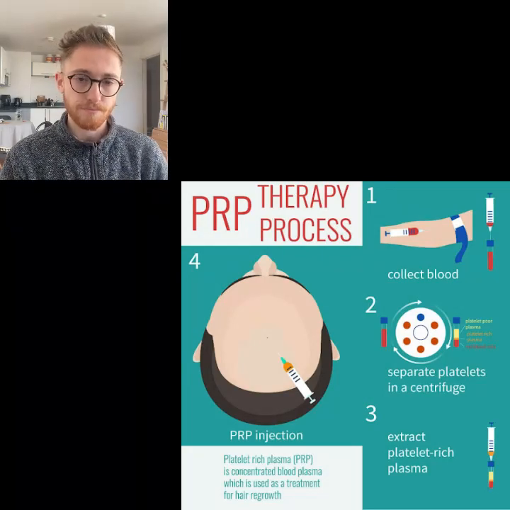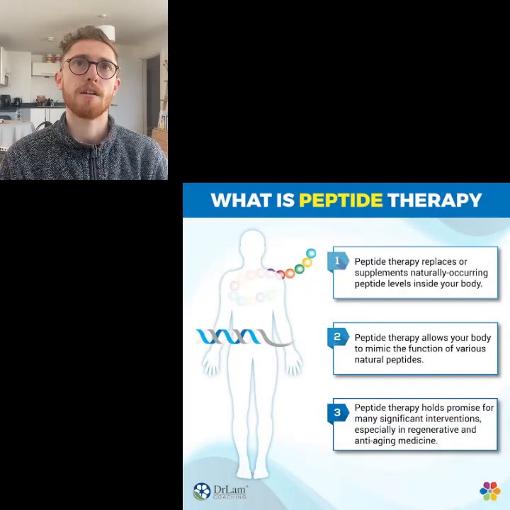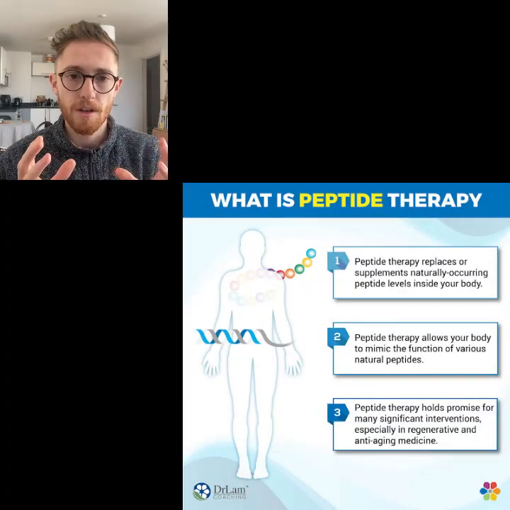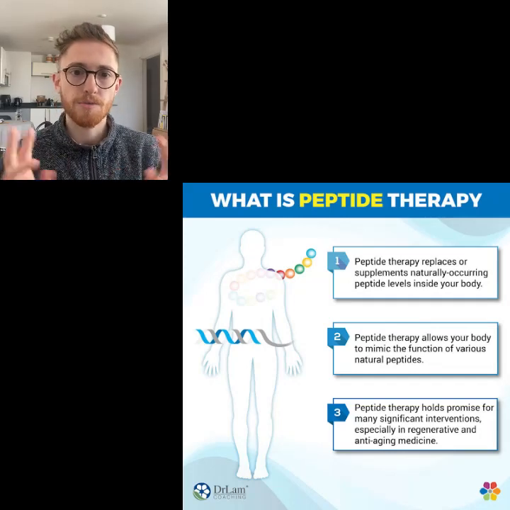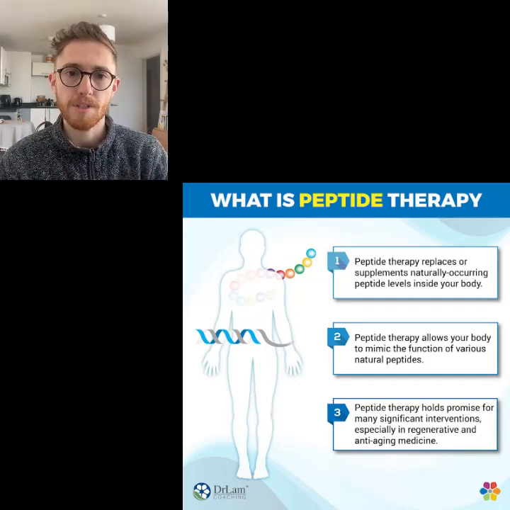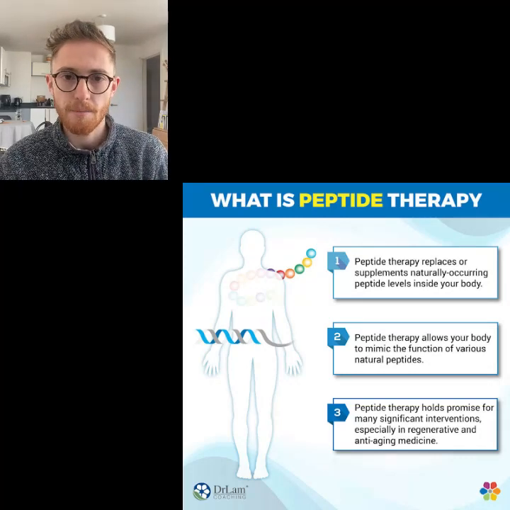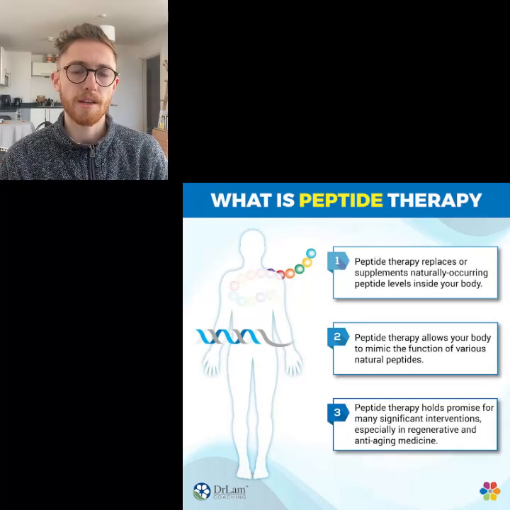Lastly, we've got peptides, and peptides are effectively amino acids, which are the building blocks of proteins. And so we've got lots of naturally occurring amino acids and peptides in the human body.